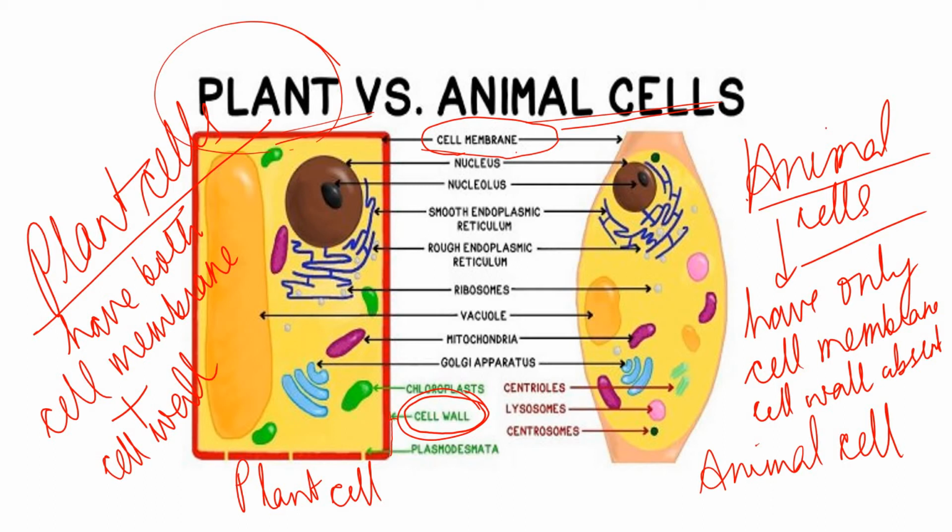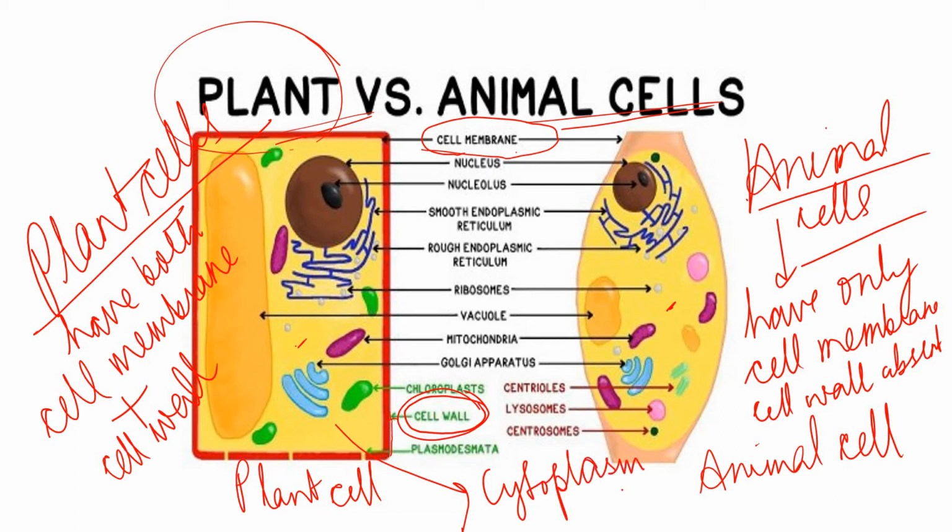Now next, what is written? Observe the figure. We see that cell organelles are embedded in the cytoplasm. Where is the cytoplasm? We don't have cytoplasm indicated here. So cytoplasm is this yellow fluid. This yellow fluid is the cytoplasm.